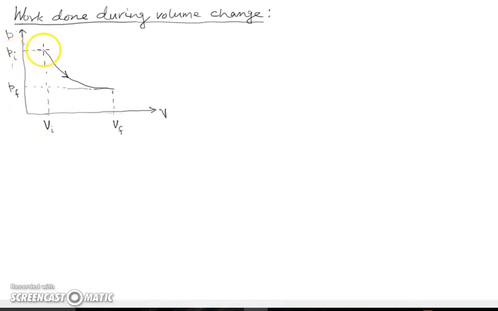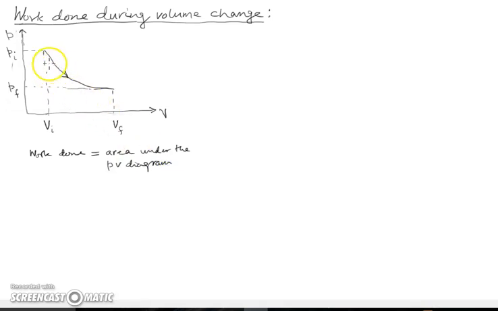As the system volume changes from initial volume Vi to final volume Vf, the pressure reduces to final pressure Pf. So work done is equal to the area under the PV diagram.